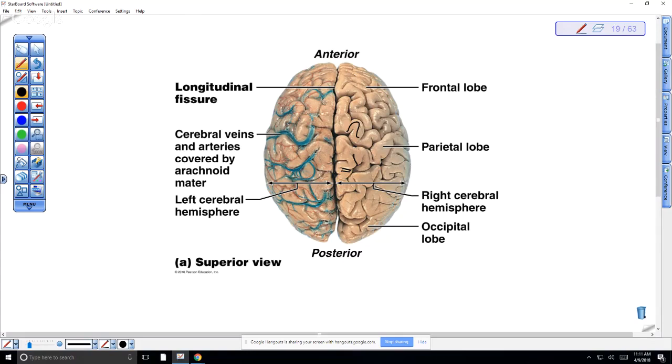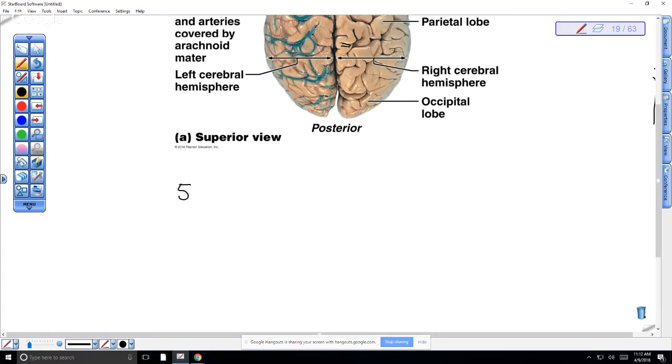So you'll notice that the cerebrum is actually broken into different lobes, and these lobes correspond to the names of the cranial bones. In the cerebrum, we have 5 lobes. We have the frontal lobe, which is near the frontal bone.